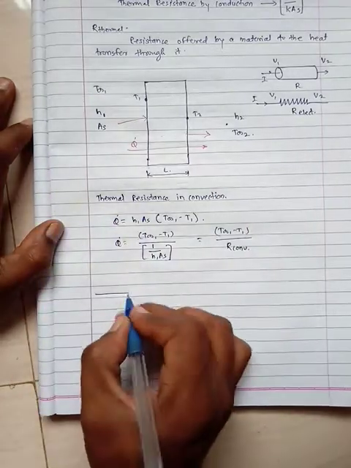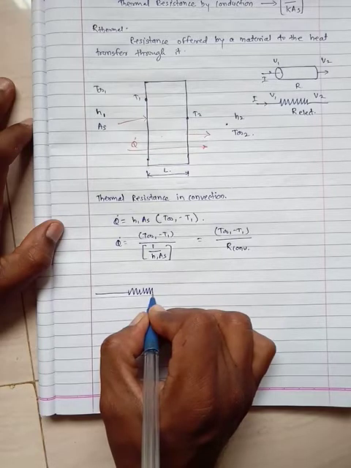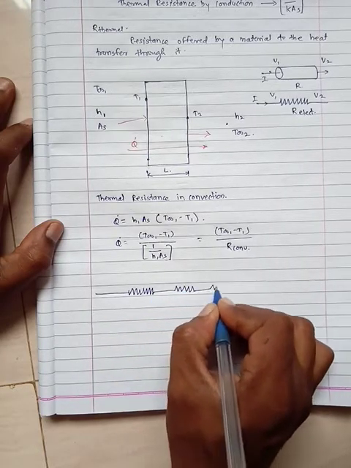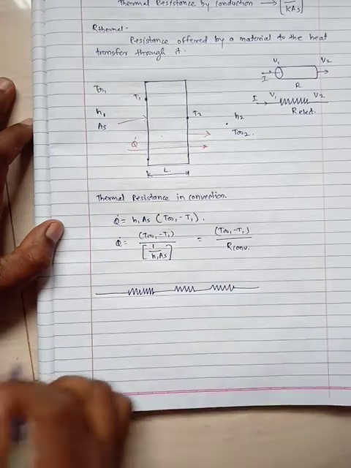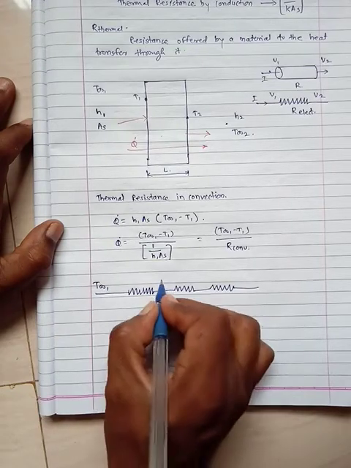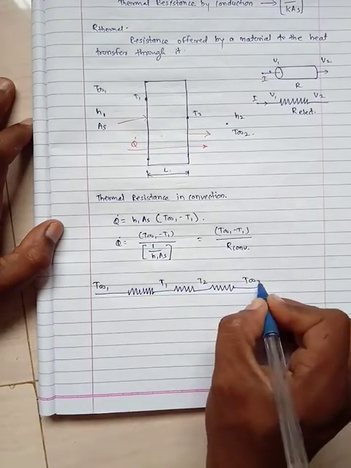So we have three thermal resistances. The temperature flows from T infinity 1 to T1 to T2 and T infinity 2.